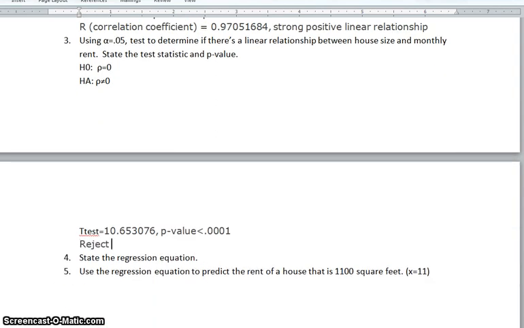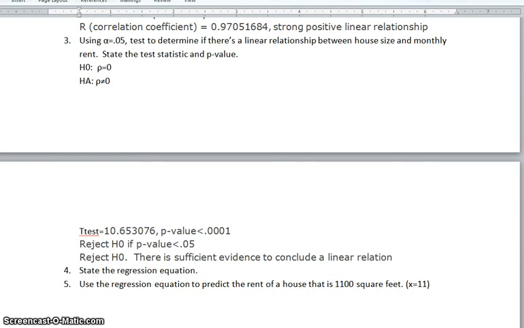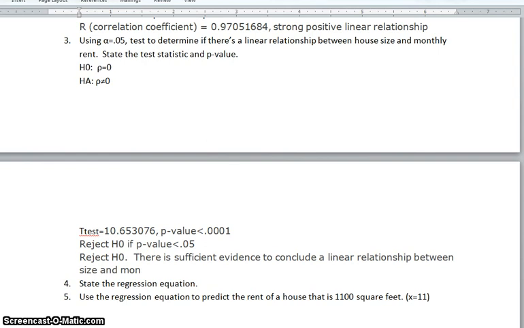So we need to reject H naught if the p-value is less than 0.05, and we know that the p-value is less than 0.0001, so for sure we're going to reject H naught and say that there is sufficient evidence to conclude a linear relationship between size and monthly rent. Okay, so that's number 3.